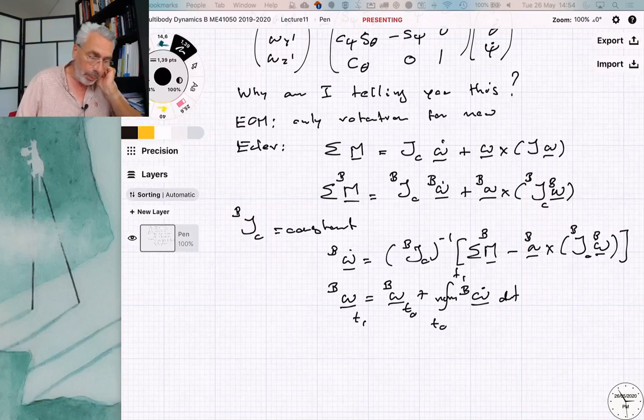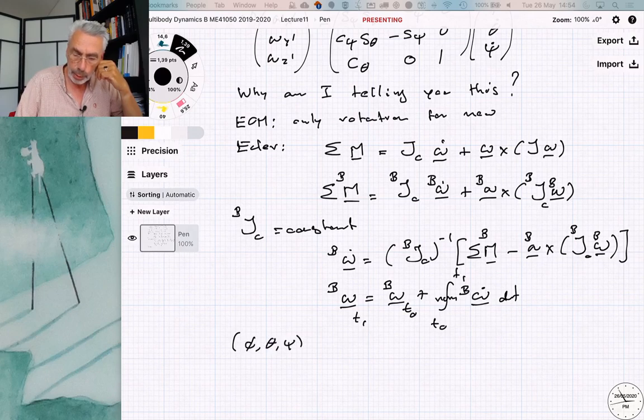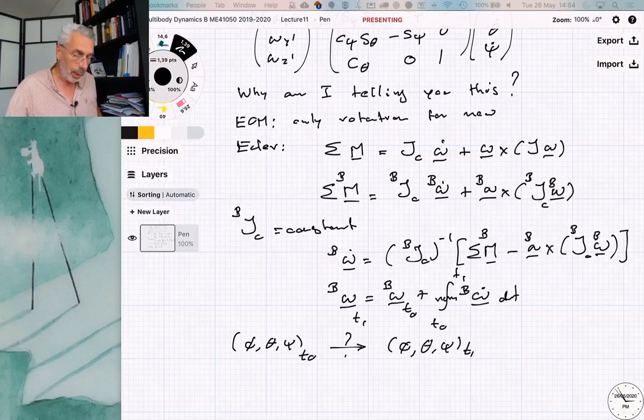Now how do we update our angles? We have a set of angles, and in this case, let's say we had the Euler angles phi, theta and psi at t0. And now how do we get our phi, theta, psi at t1? That is the big question. Well, the answer is again super simple.